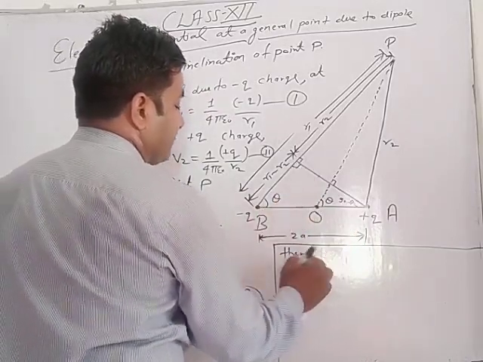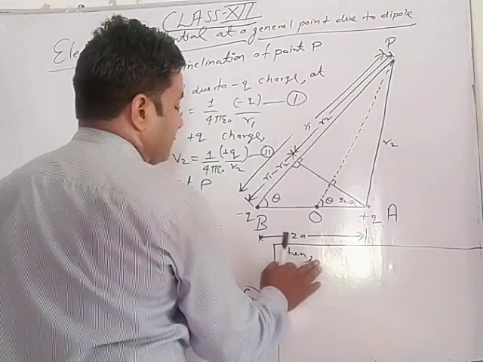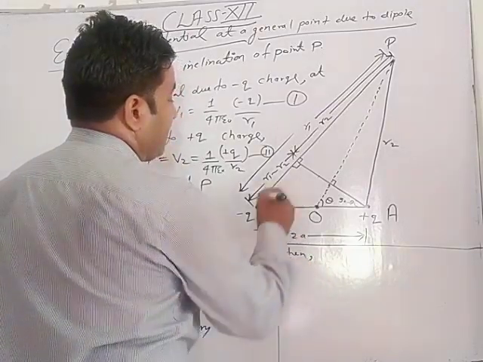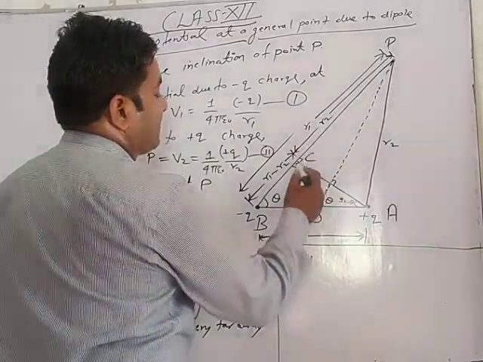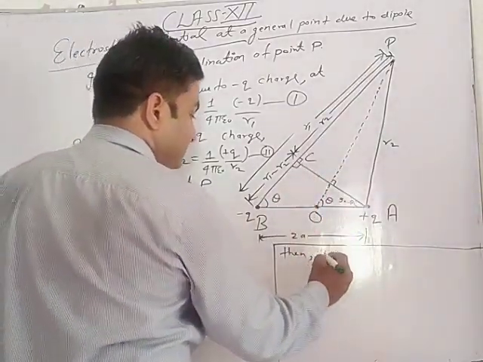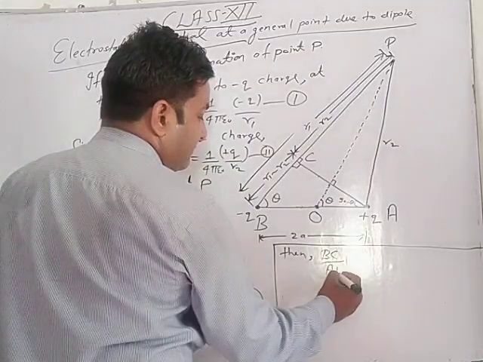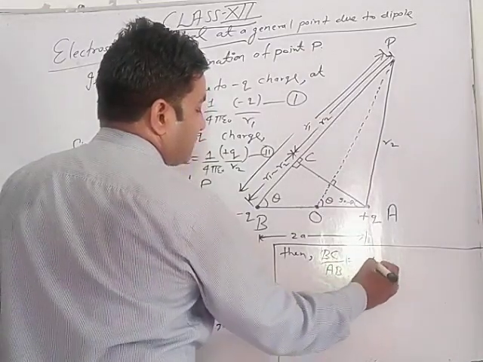So if the remaining point here is C, then BC upon AB is equal to cos theta.